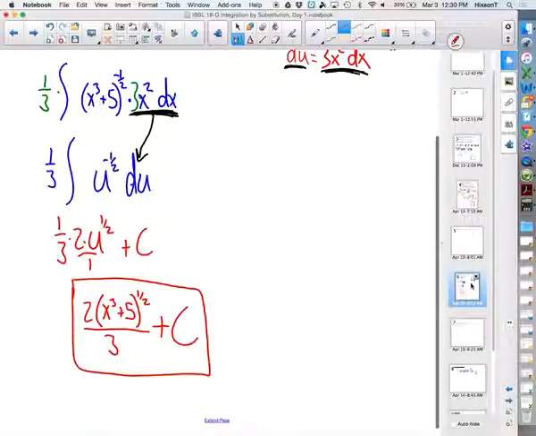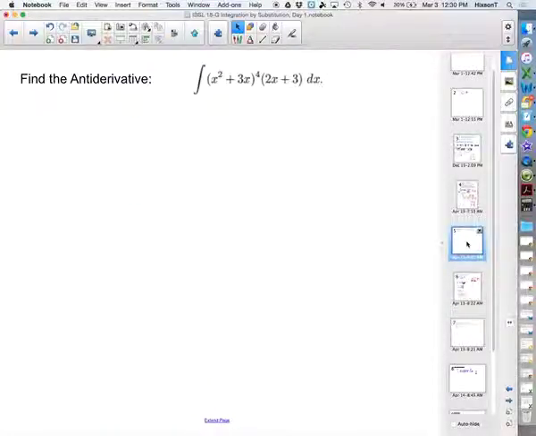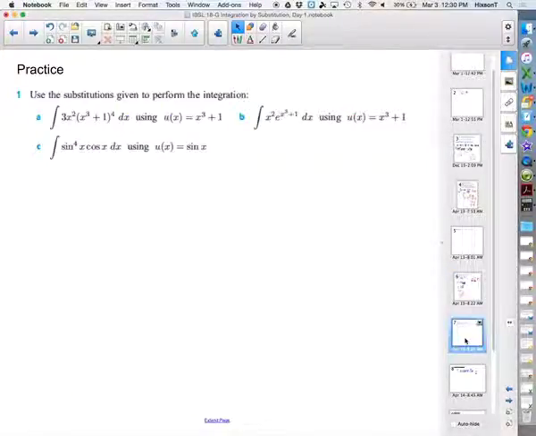All right, so I want to try some here. Let's real quickly walk through these. And notice it helps us by identifying what u is for us.